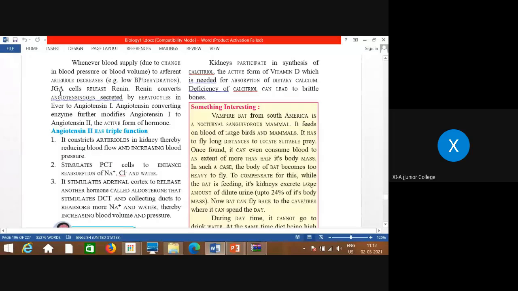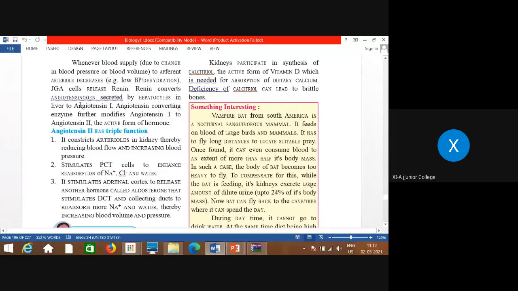We have already discussed in previous lectures that they are present where the DCT cells come in contact with the Malpighian corpuscle region, or the Bowman's capsule region. That region is called JGA. So these cells release renin.